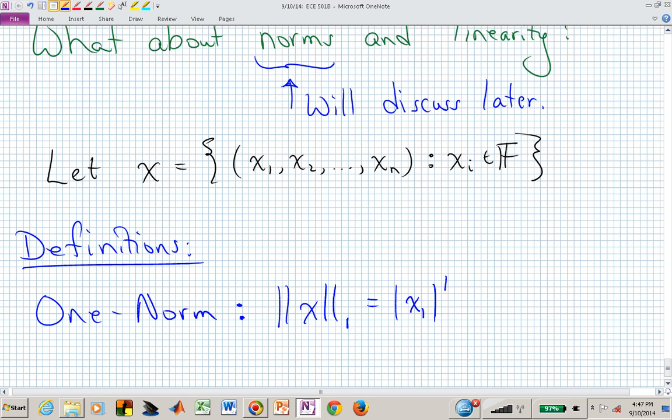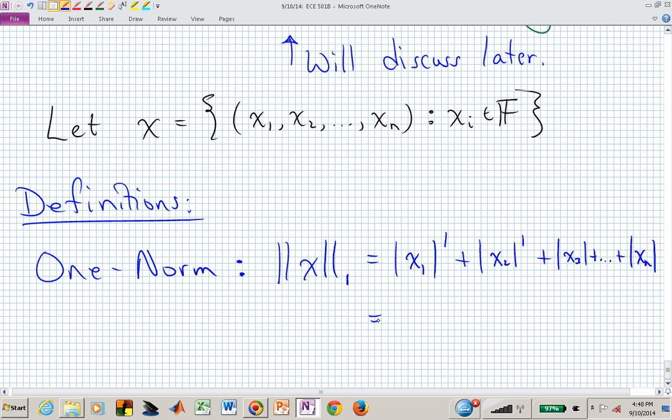So it's now the absolute value of x1 plus the absolute value of x2 plus the absolute value of x3 up to the absolute value of x sub n. Or that's now this sum of absolute values of each coordinate in the vector x.